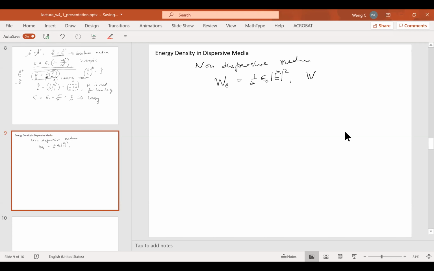Okay, energy density for magnetic field is half mu naught H squared. Okay, this is non-dispersive medium.